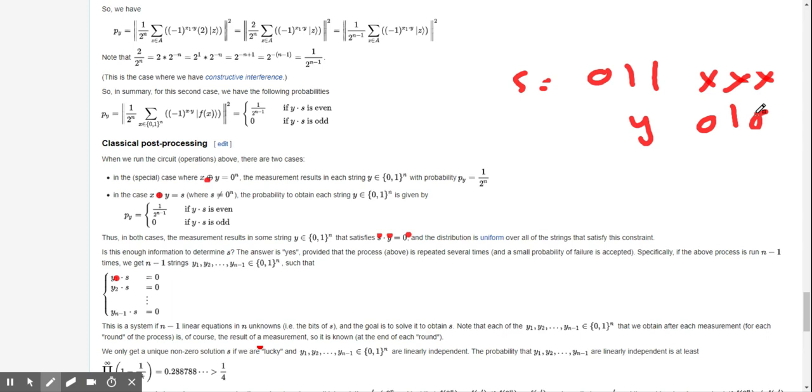No, something's not right. So if we know that this X or this is the 0 string, is 0, right?